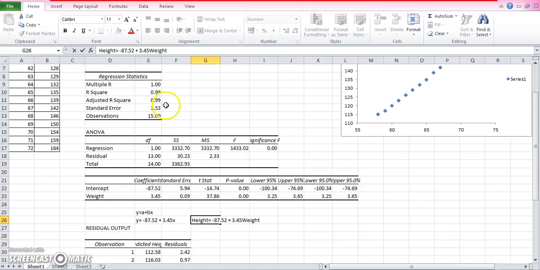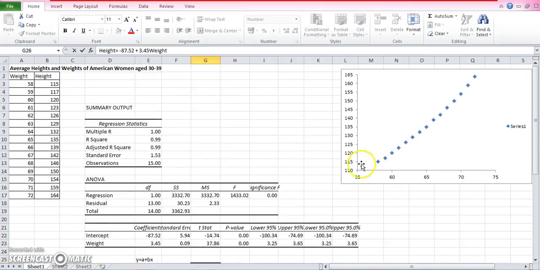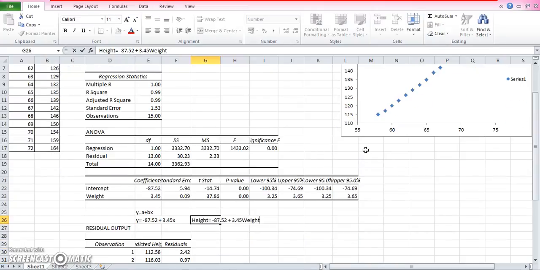If the value of R square is equal to 1, it gives the perfect fit for our regression line. For this data, we know that the value of R square is 0.99, which is close to 1. So we conclude that our regression line is a very good fit.